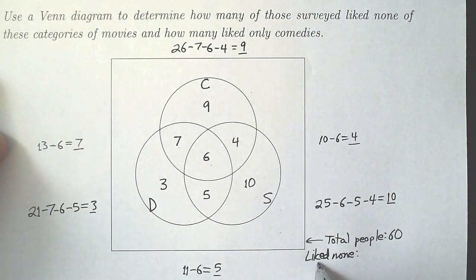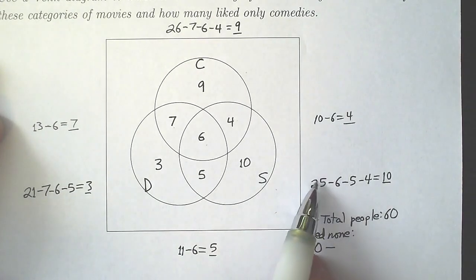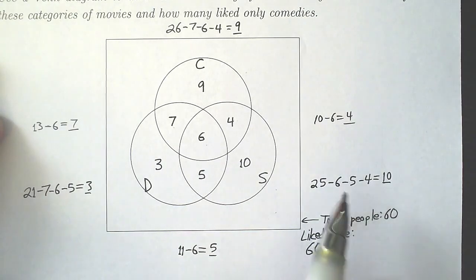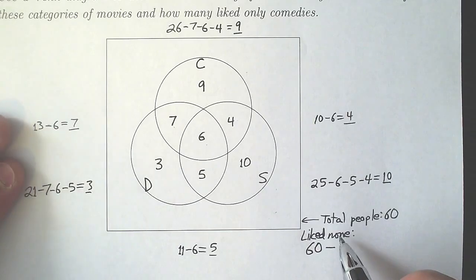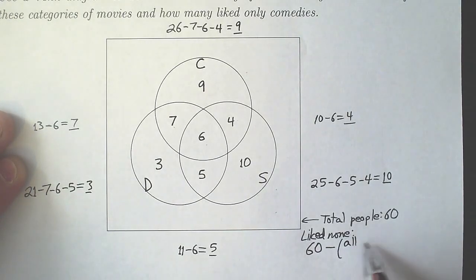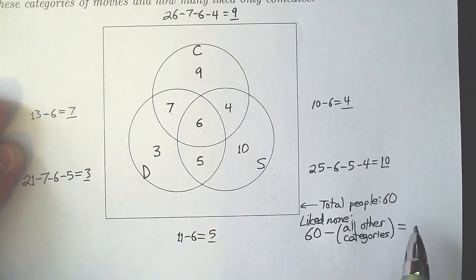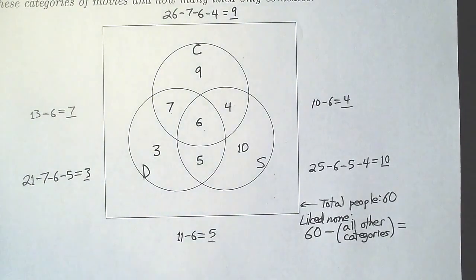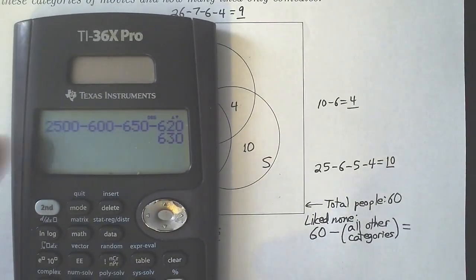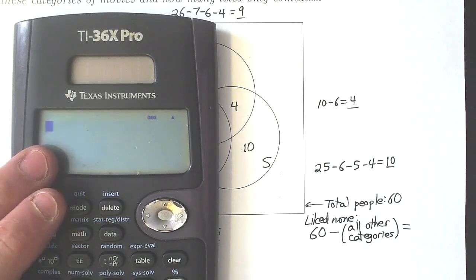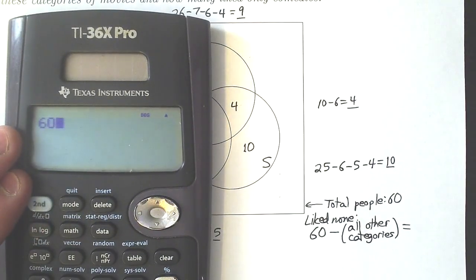And it's going to be 60 minus... You know how we've been subtracting? We'd have the big number minus the small ones. I need to do 60 minus all the other categories, and see what I get. So, let me get my calculator. Oh, I'm covering my picture. That's okay. I have it on another page. 60 minus, let's get every little number we wrote.